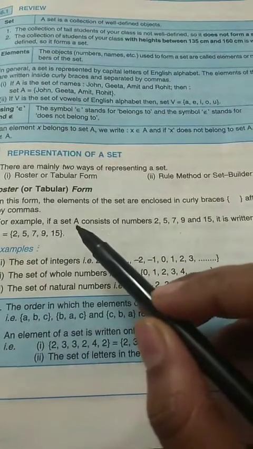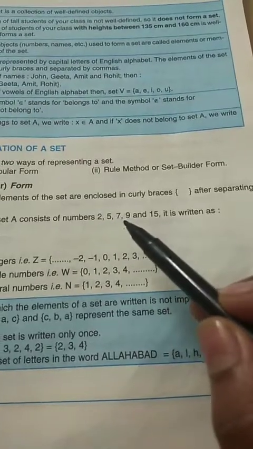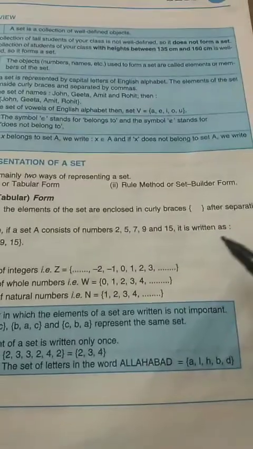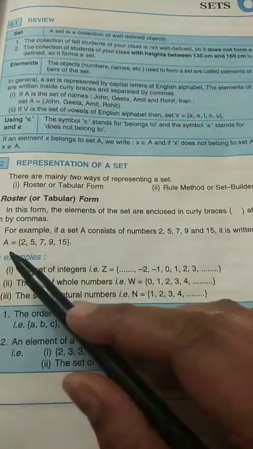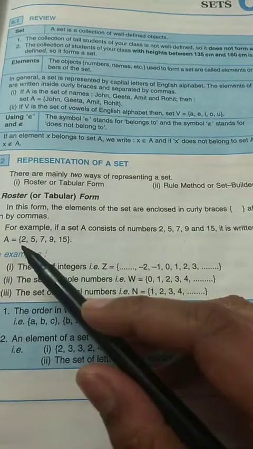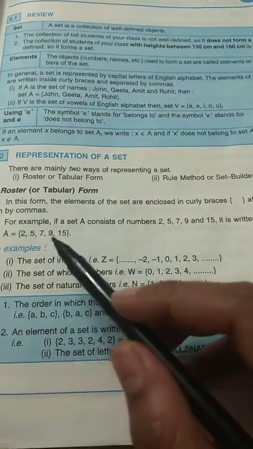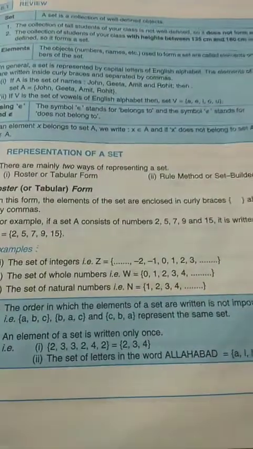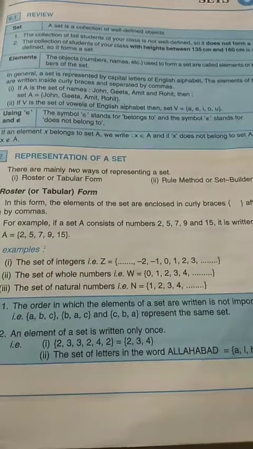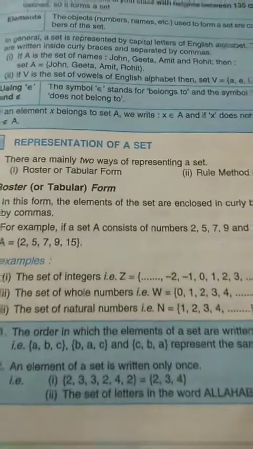Suppose a set A consists of the numbers 2, 5, 7, 9 and 15. It will be written as A equals, and then you will use curly braces. You will write 2, 5, 7, 9, 15. This is the way we represent a set in roster form or tabular form.